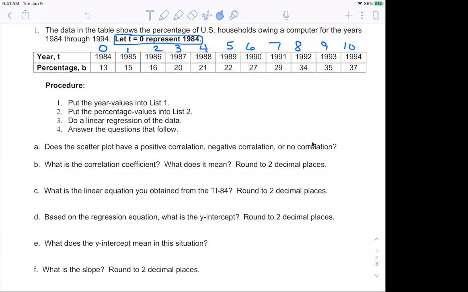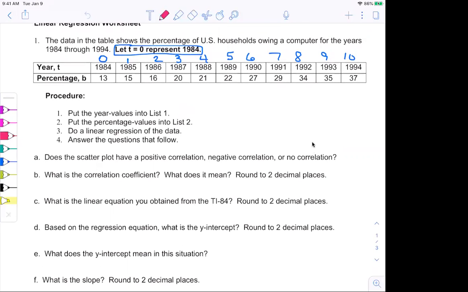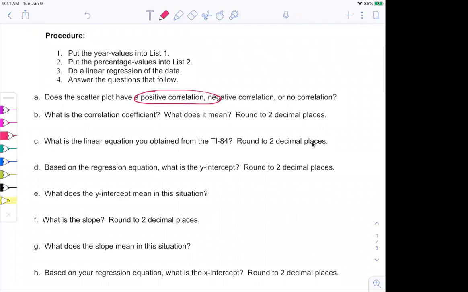So when you enter all of that information in your calculator, you should have gotten a positive correlation. When you graphed it, you should have seen that it was increasing, and the correlation coefficient should have been 0.99. So if you looked at your graph, those points are very close to being linear.